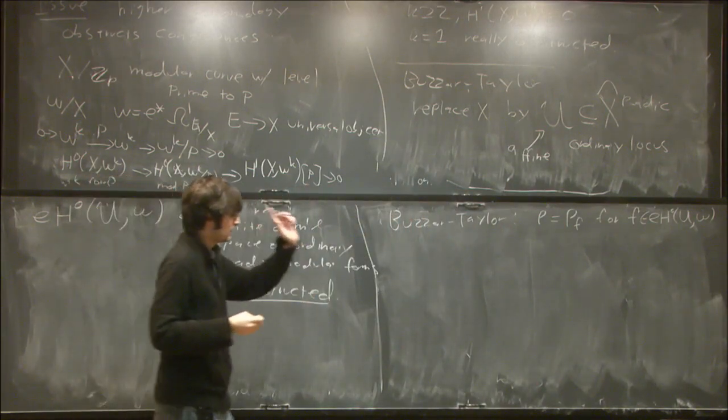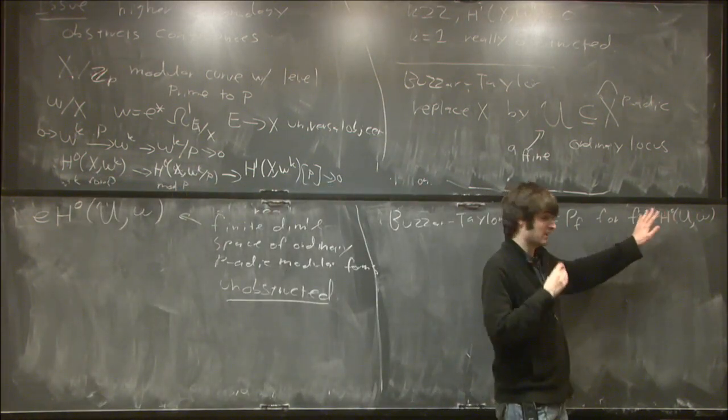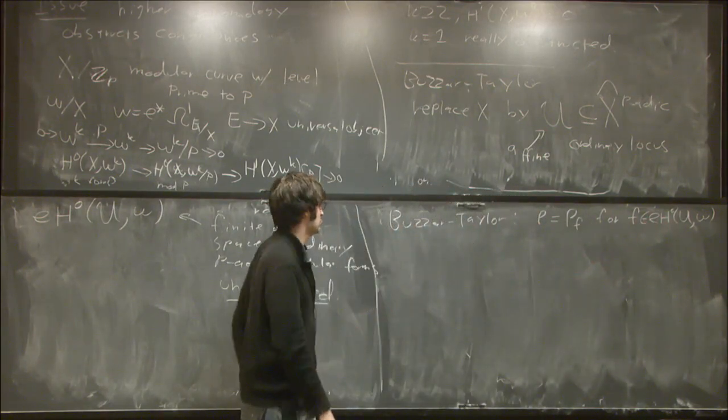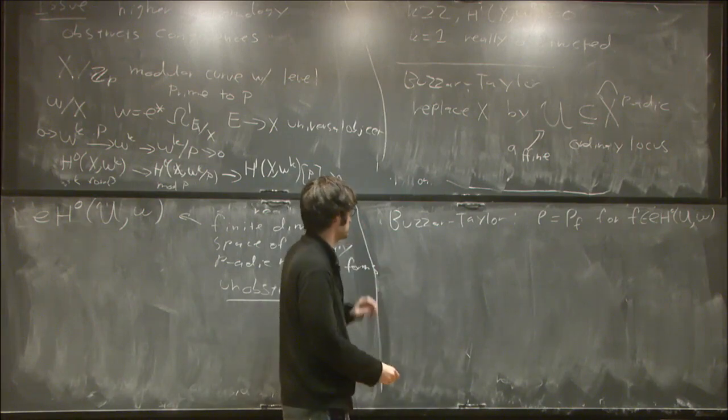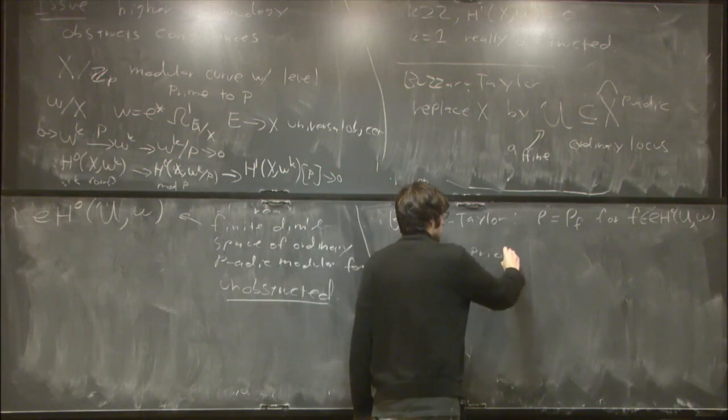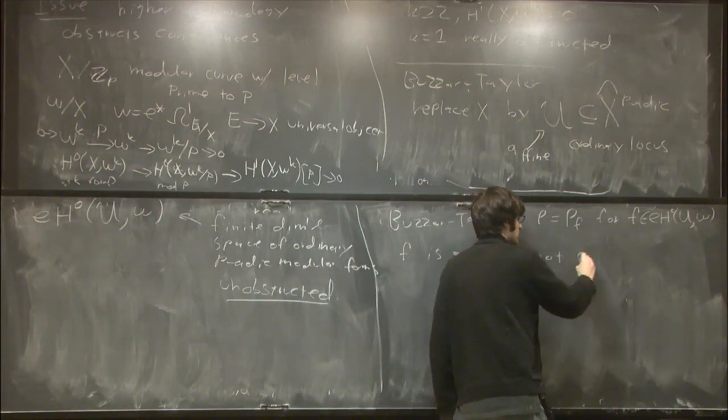Because the next key thing to understand is that weight 1 p-adic modular forms are not necessarily classical. So f is a priori not classical.